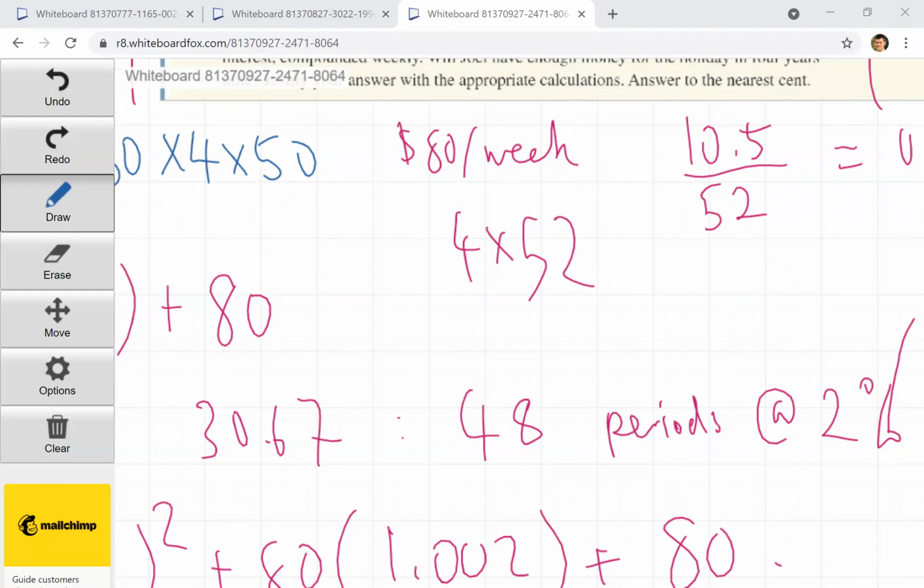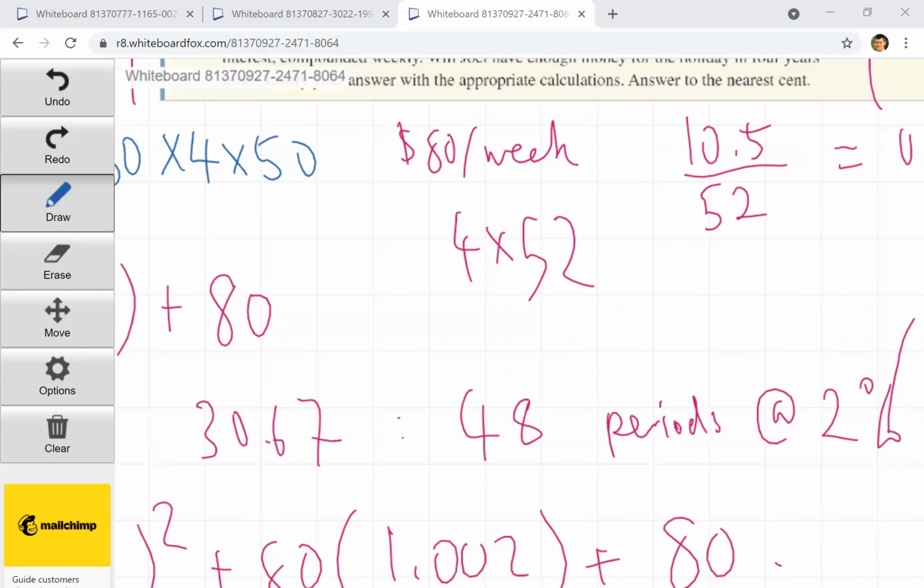Right. So there's a future value and a present value that need to be distinguished, I think. See, if you look at the future value for 24 periods, it's about the same as the present value for 48 periods.